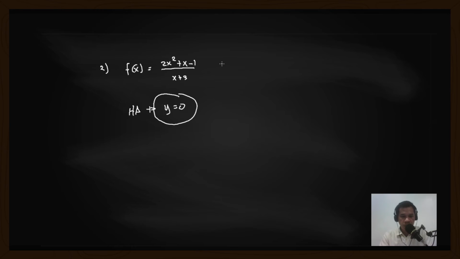Okay, so let's have another example. f of x is equal to 3x squared plus 2x over 4x raised to 3 minus 5 plus 7. Again, we have to set the polynomials into standard form. It is in standard form.